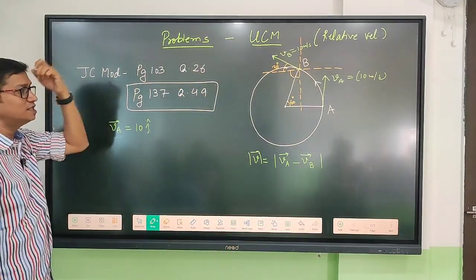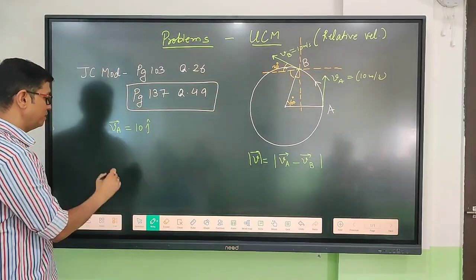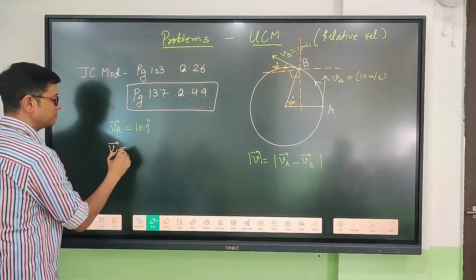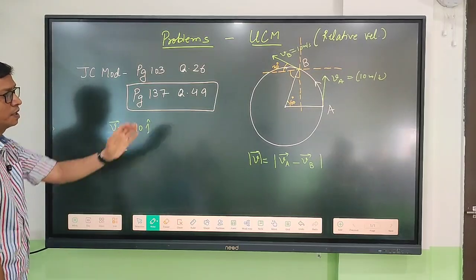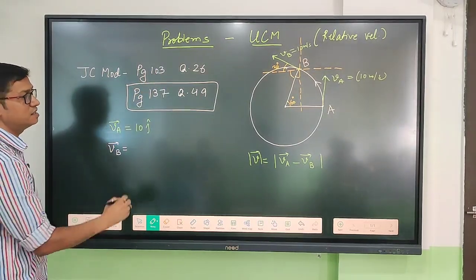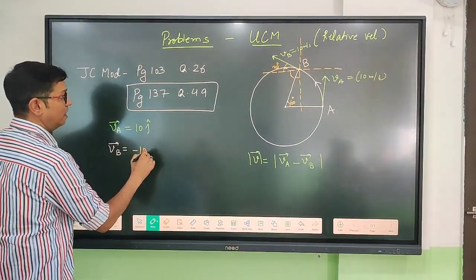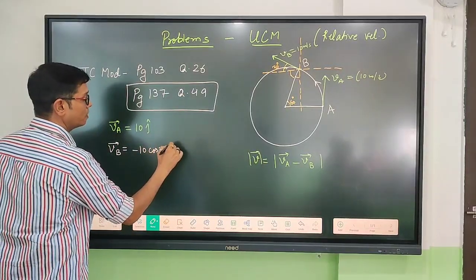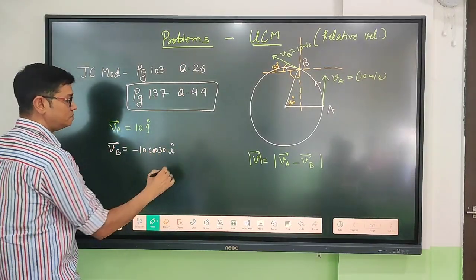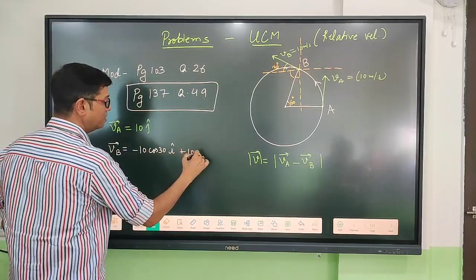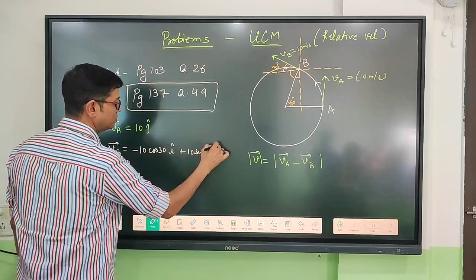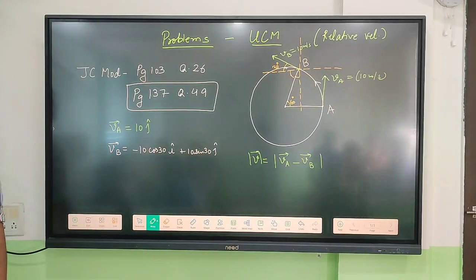Once you get a handle on this, now you can write VB. If I write VB like this, minus 10 cos 30 I cap plus 10 sin 30 J. Is it making sense to you?